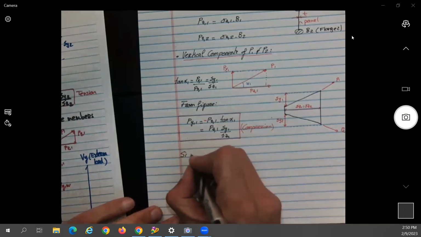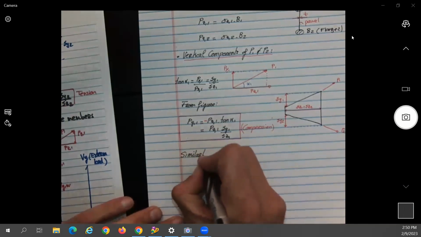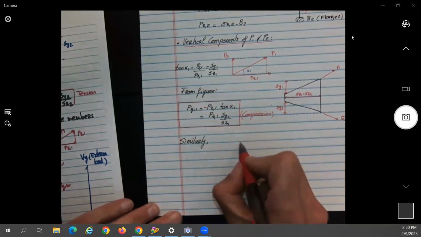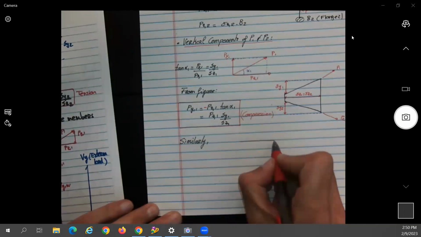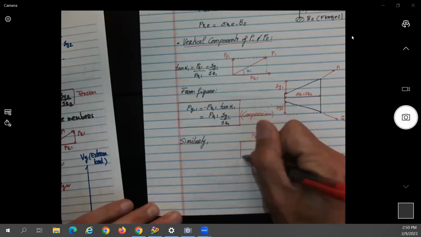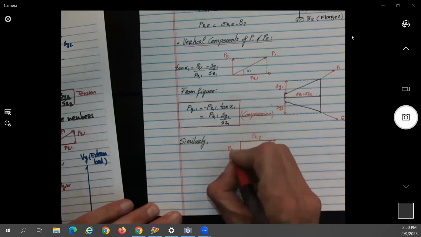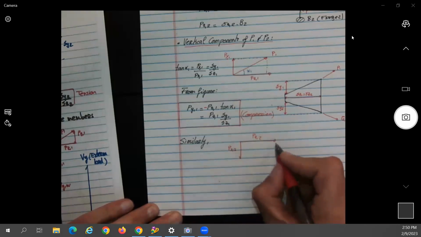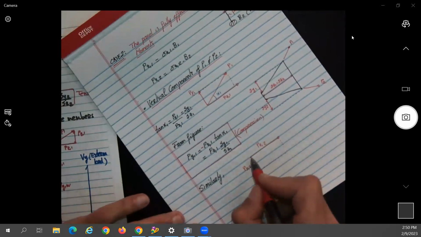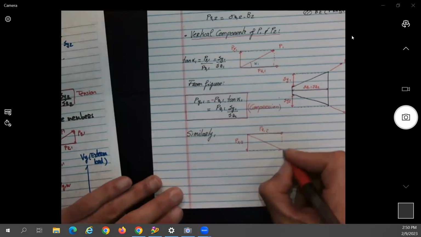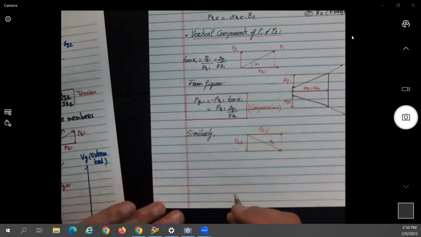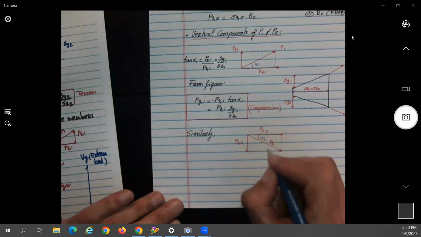So similarly, we'll do the same thing for P2. So let me do here a similar figure. This will be PZ2, PY2, PC2. This is our angle alpha 2.